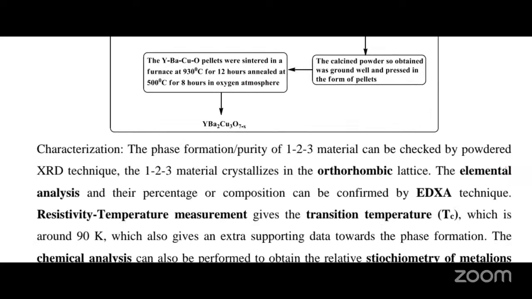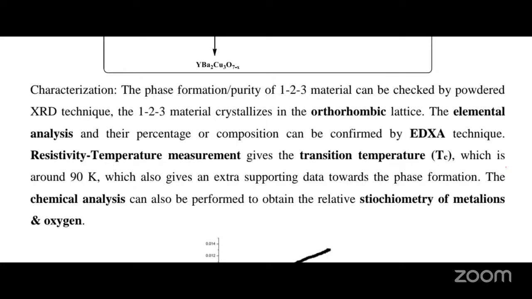The prepared material will be characterized. There is some characterization. This prepared material will be characterized by X-ray diffraction, X-ray analysis, which gives information on the crystal structure of the material. From that we find the crystal structure is an orthorhombic lattice.